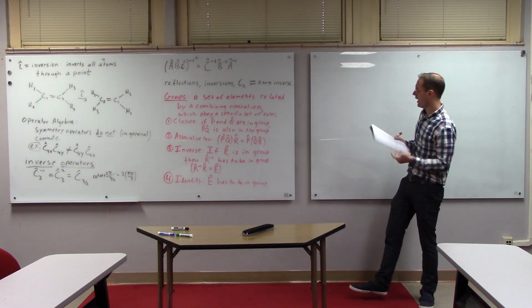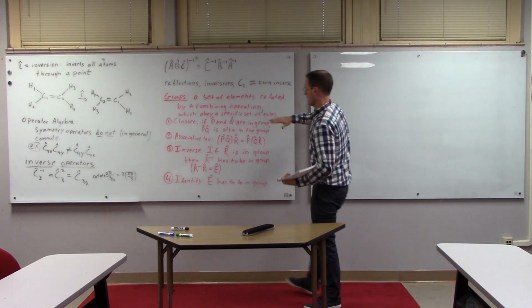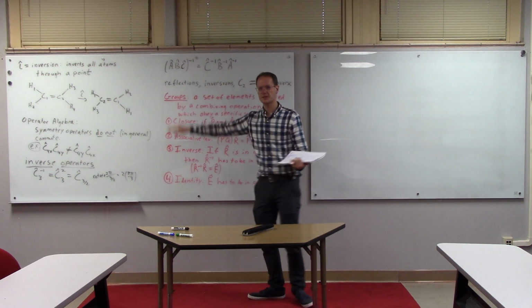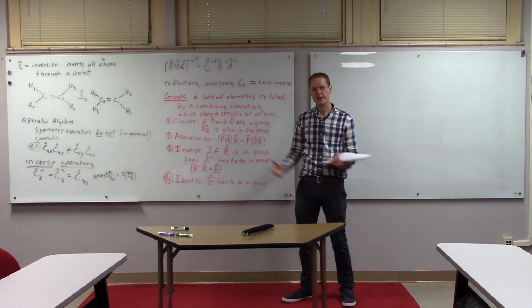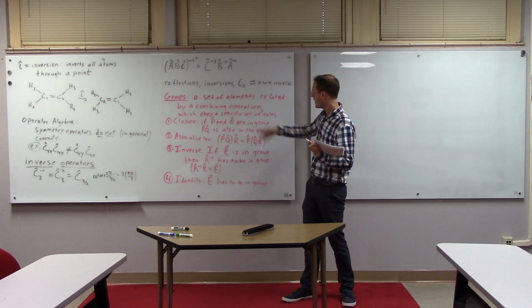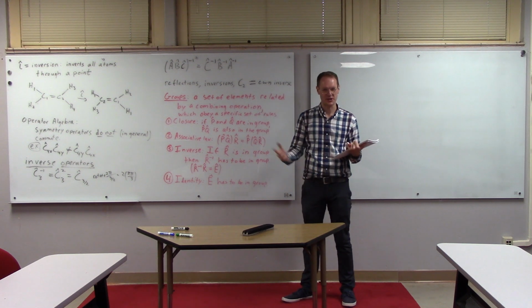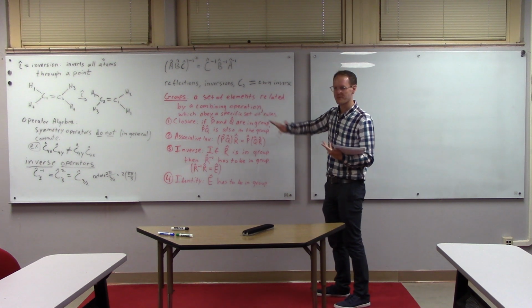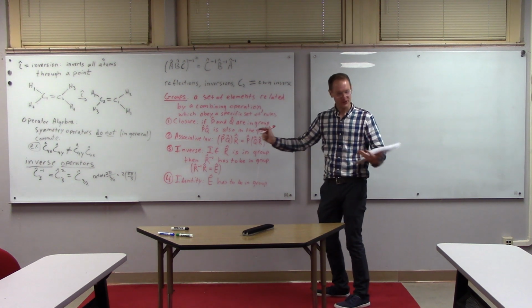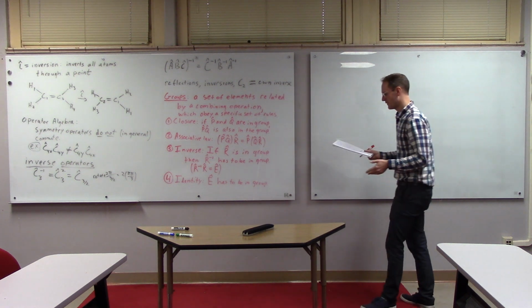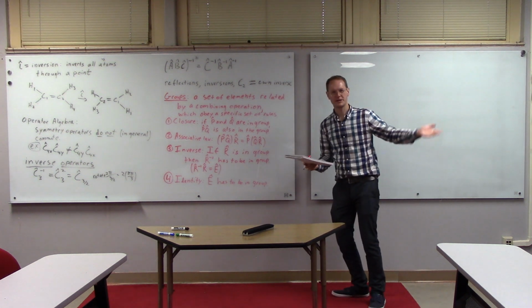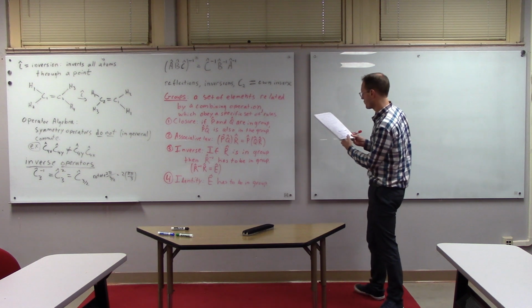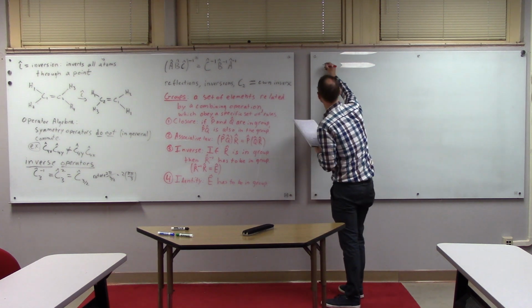Okay, and so this concept of groups, this is an abstract mathematical concept that you'll come across if you take a course about abstract algebra. And groups are mathematically very, very general. So if you're a mathematician, you might consider some examples of groups.